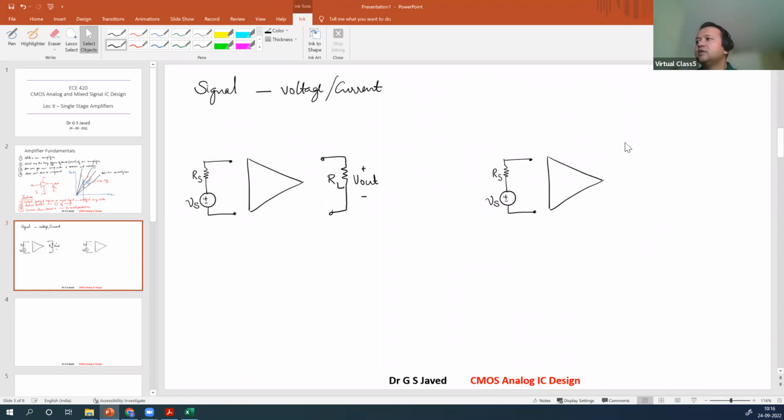So voltage in, and then you will get a current out. Same RL, only thing is the current is now flowing into the device, right? Now, this is called a voltage amplifier.